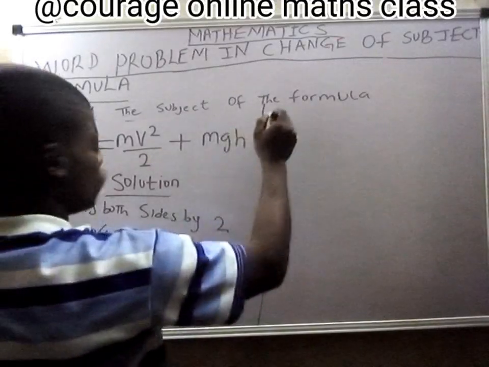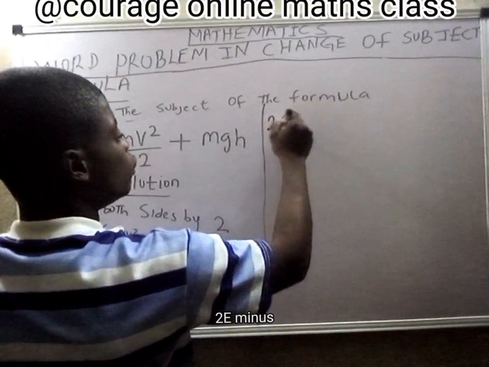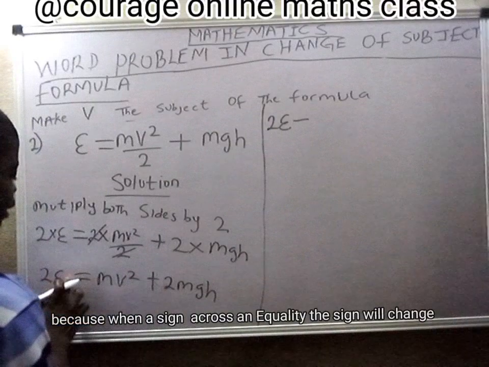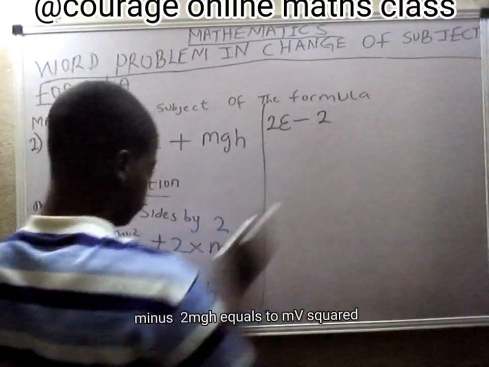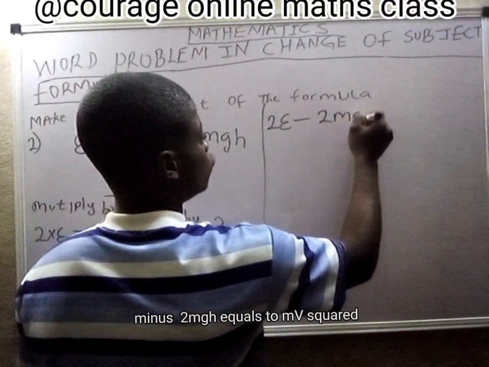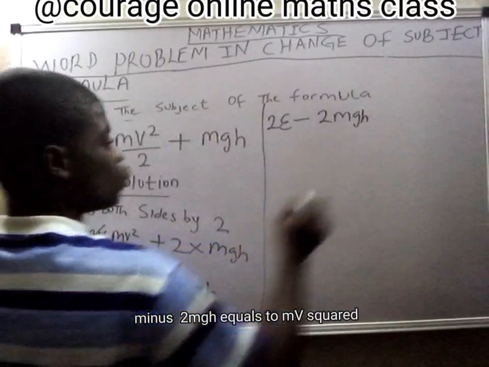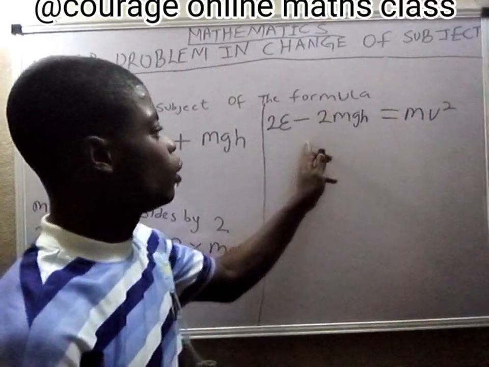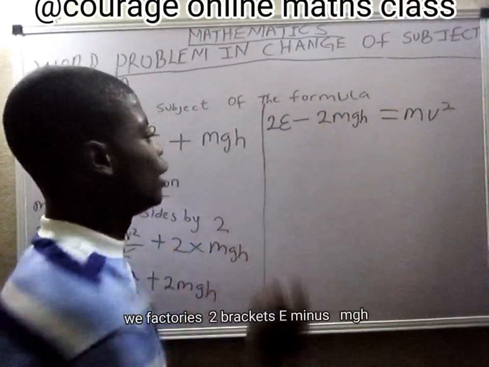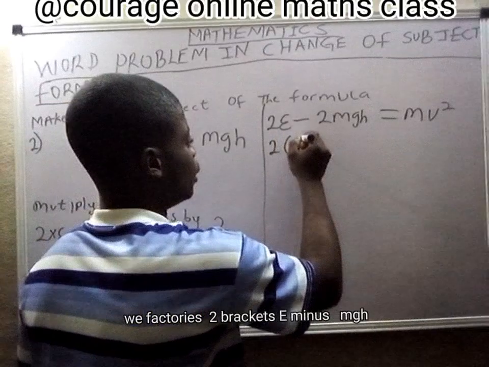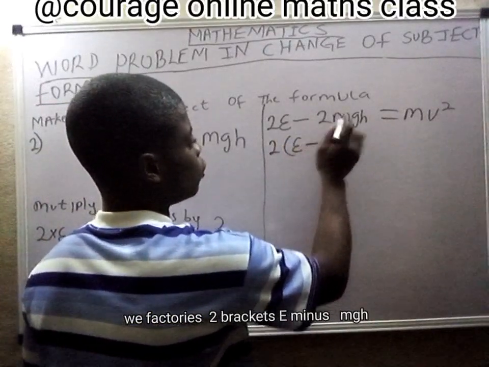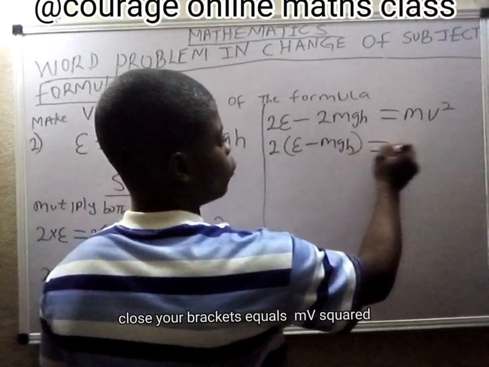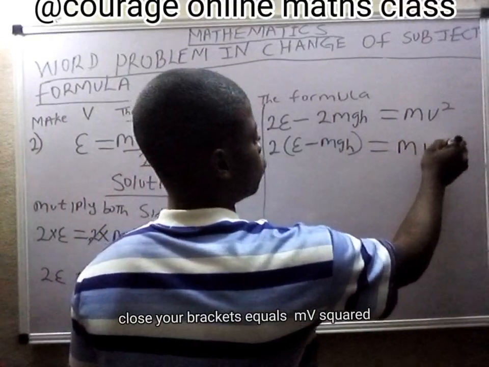So it will be 2e minus, because when the sign crosses an equality sign, the sign will change, minus 2mgh equals mv square. You look at it, we have 2 here, so factorize. So 2 bracket e minus mgh, close the bracket, equals mv square.